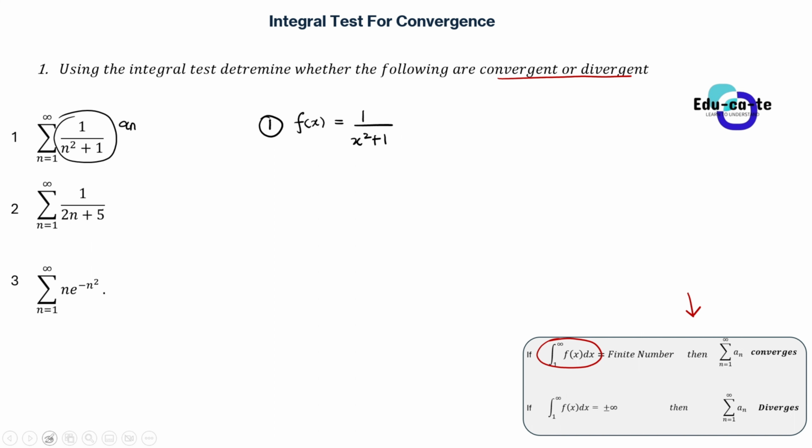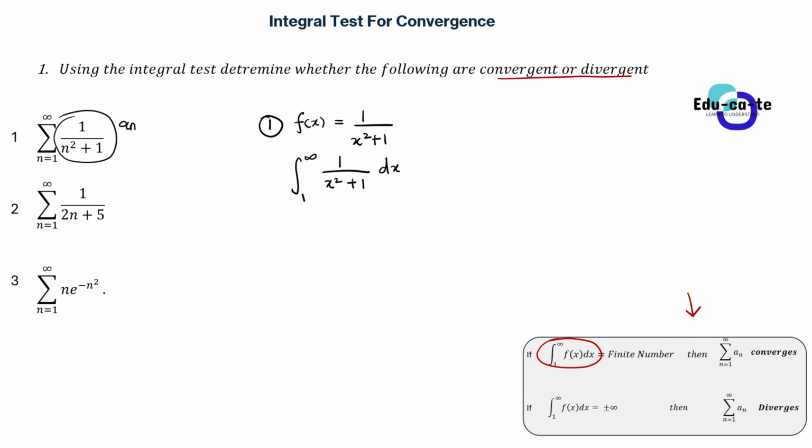In this case, we are assuming that our function is positive, decreasing, and continuous. We haven't confirmed that, but let us continue and do the integral from 1 to infinity of 1 over x squared plus 1 dx.